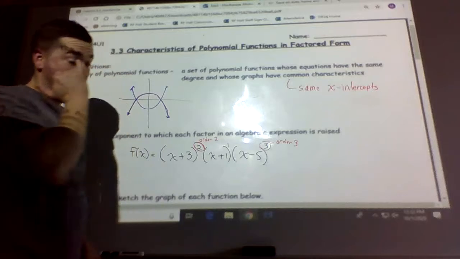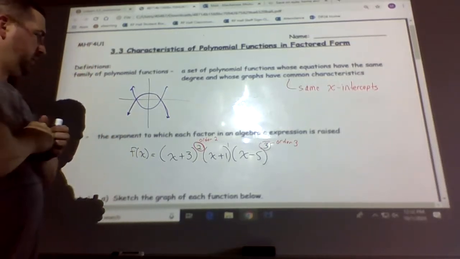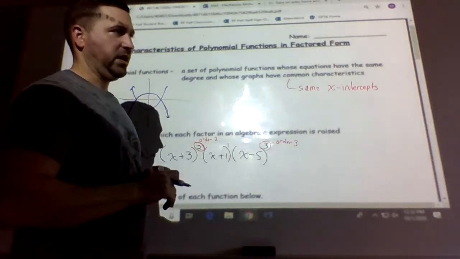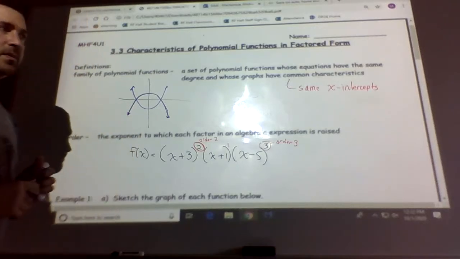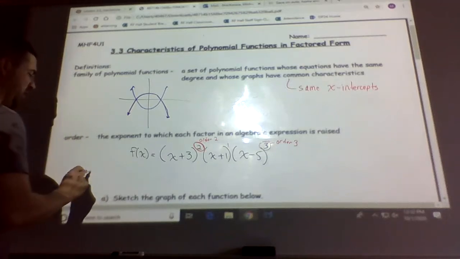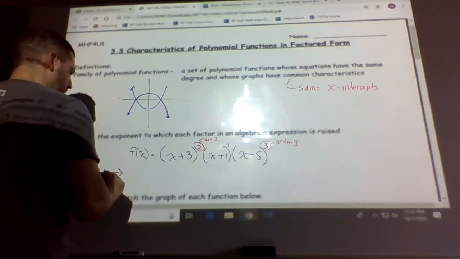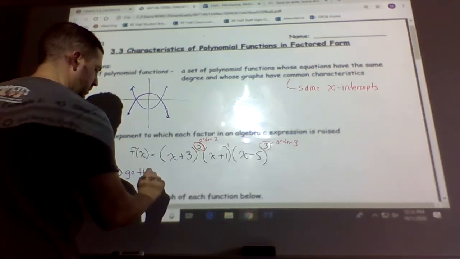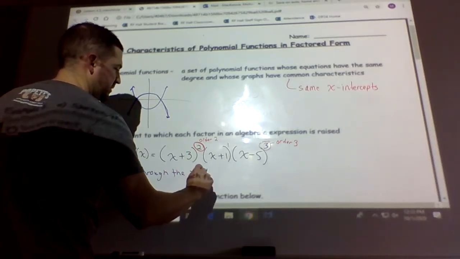Okay, and then at each order, something happens. When we have an odd order, we're going to cross through the x-intercept. So if it's odd, we're going to go through the x-intercepts.